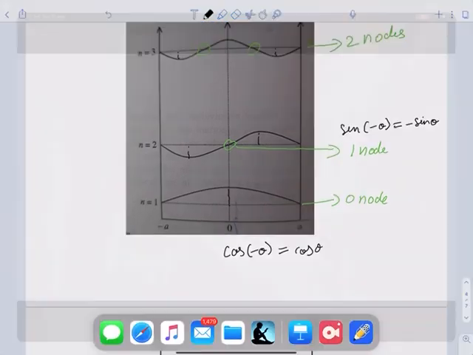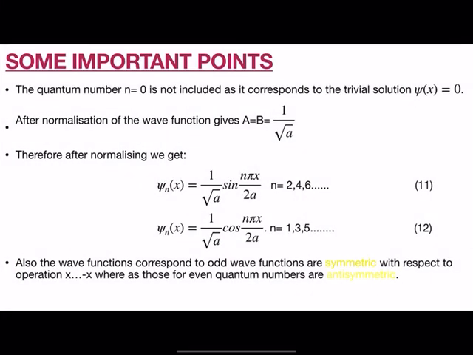So here we come up with symmetric and anti-symmetric functions. What is symmetric?